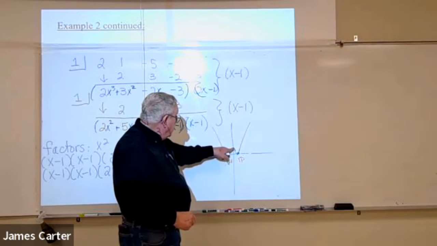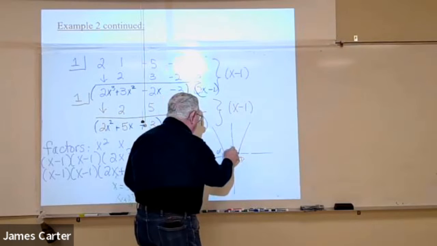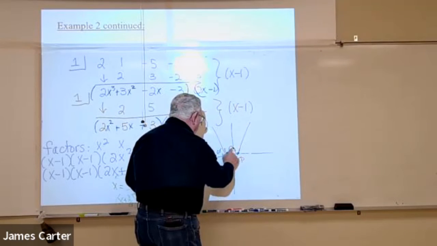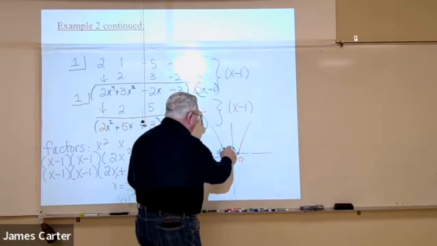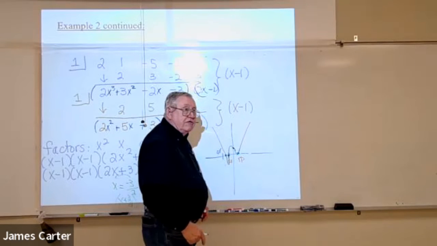The only reason I knew this one came here, actually, this probably comes a little higher, more like that. So you can find out exactly how high by doing an XY table at probably -1/2.